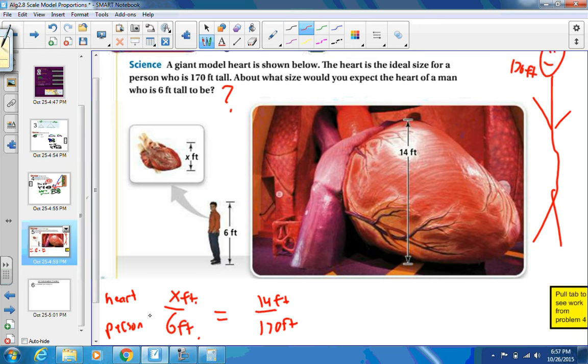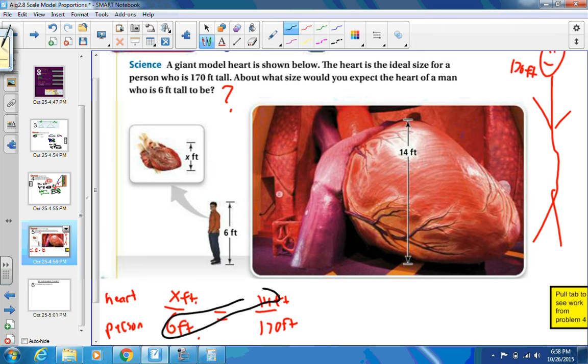Okay, this is a proportion because it's a scale model. So if a person has a heart that's x feet tall, and that person is 6 feet tall, we can compare that to a person with a heart of 14 feet who is 170 feet tall. It's a really tall person. But anyway, we have a proportion now, and it's consistent. Hearts on top, person height on bottom.